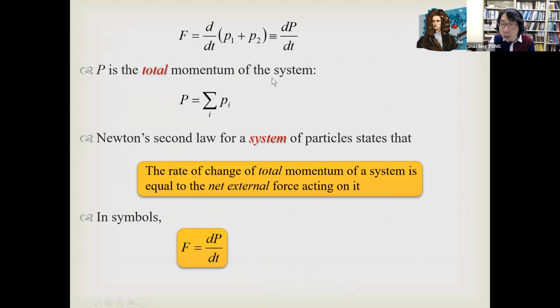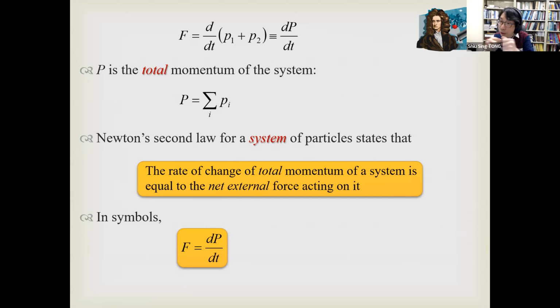Now a similar argument can extend to an arbitrary number of particles, in fact. If you have many particles interacting with each other, no matter how complicated the interaction, as long as it obeys Newton's third law, you always have the external force acting on the system equal to the rate of change of their total momentum.